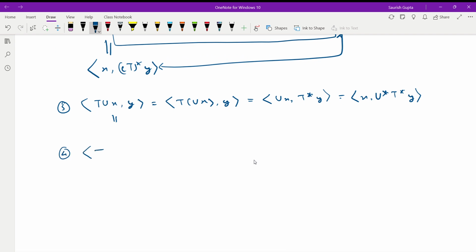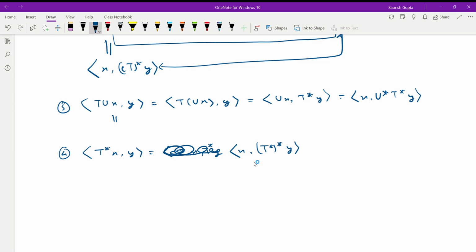Similarly, number 4, see if I start with the adjoint of T, so <T* x, y>, let's say. Then this will surely give us <x, y> with the double of its conjugate. So let me write it like this: it will be <x, (T*)* y>, the adjoint of T star with y, right? But certainly we know that the expression for adjoint is symmetric in nature.